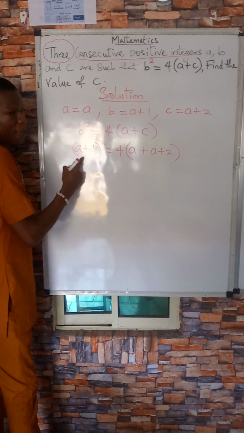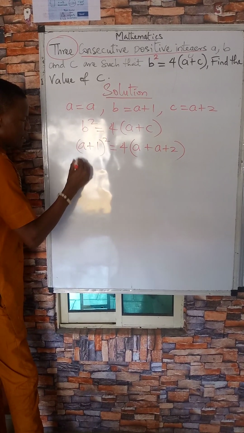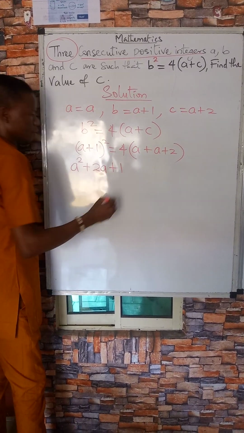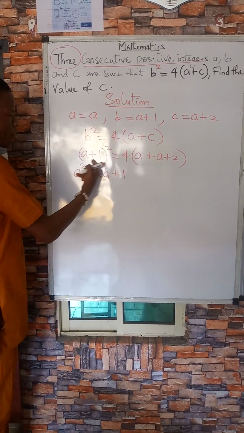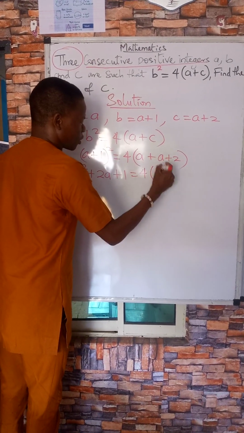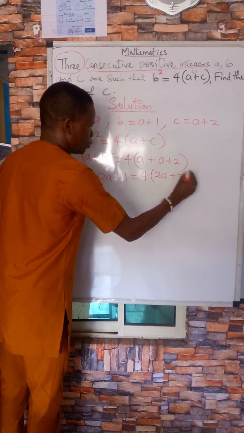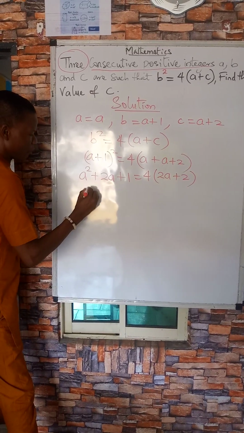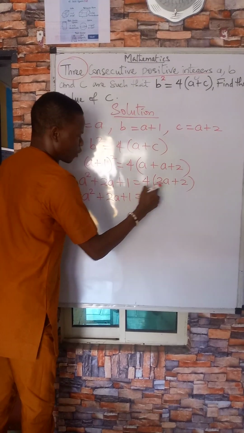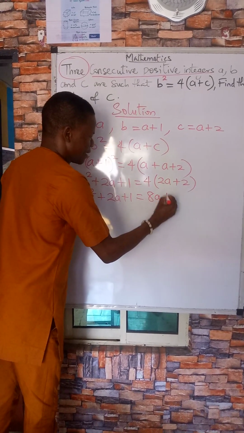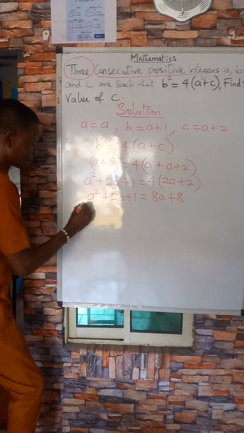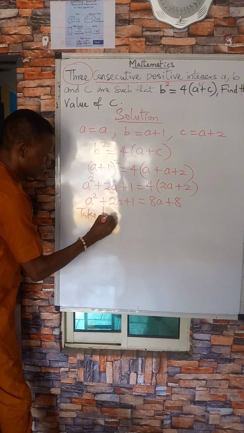Now, expanding this, you're going to get a squared plus 2a plus 1. If you expand this, you're going to get 4 bracket a plus a, 2a plus 2. And so from here I have a squared plus 2a plus 1 equal to 4 times 2, that's 8a, plus 4 times 2, that's 8. And from here we can take like terms.